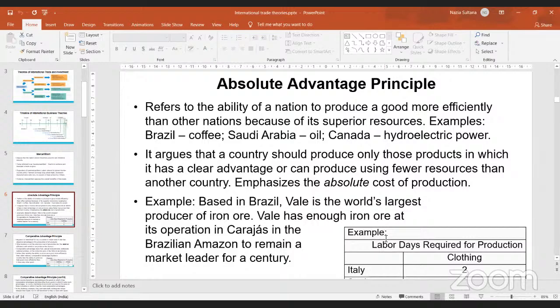Because a country is endowed with superior resources, it has a direct advantage in producing that particular product. Examples: Brazil is famous for coffee. Africa, for that matter, is also famous for coffee because they are naturally endowed with that resource. Saudi Arabia for oil, the whole of the Gulf for oil, Canada for hydroelectric power.